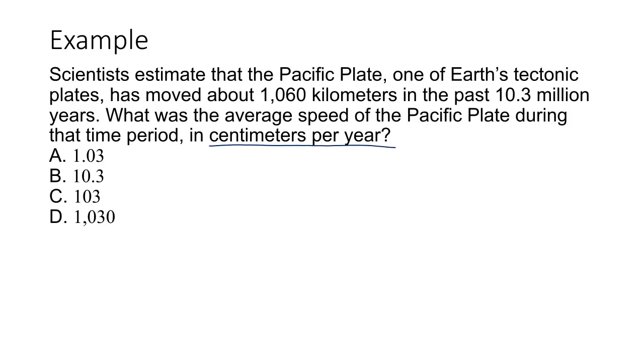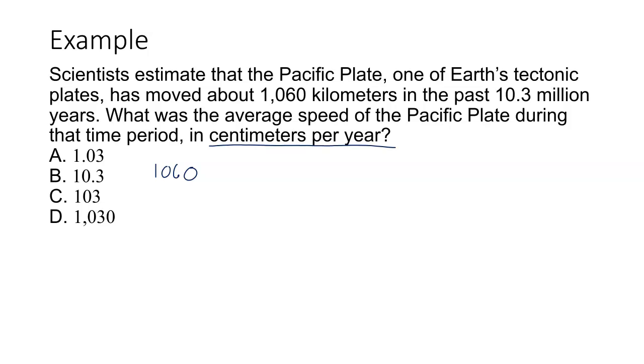So I need to convert kilometers to centimeters and millions of years into years in order to get my speed in centimeters per year. Okay? So again, we're looking at 1,060 kilometers. How do I convert kilometers into centimeters? How many centimeters in a kilometer?